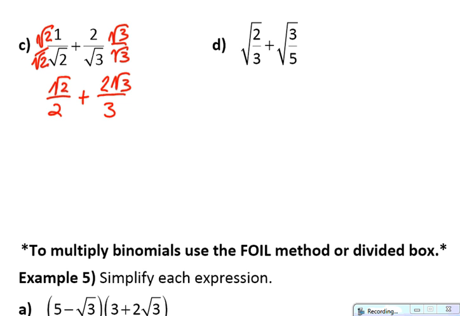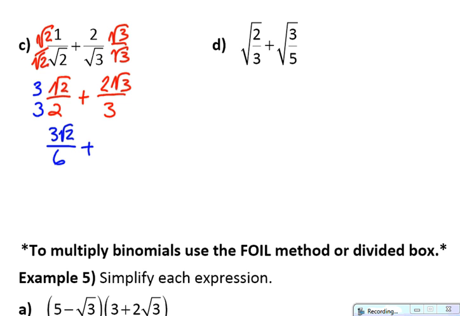Okay, rationalized, check that box. So the next thing we want to do is to get the common denominators. I have a 2 and a 3, and I need a 6. So clever 1 again. To change my 2 here, I'm going to multiply by 3 over 3. So that'll give me that 6 in the denominator, and my numerator will be 3 radical 2.